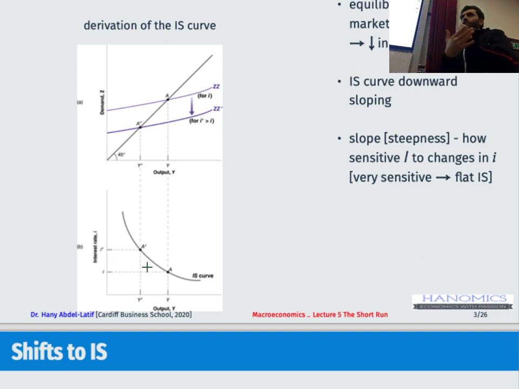Well, it's downward sloping, but it could have been steeper or flatter. So what determines that? This is something we should think about, okay? And also, what would change the position of the IS curve? Basically, what would move it right or left? So we need to understand this, okay?